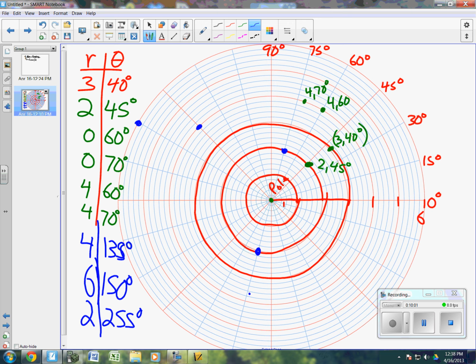What point is that right there? 2 comma 75 degrees, right? Instead of going this way, if I want to go the opposite way, I go negative 2 comma 75 degrees. So this point can also be called negative 2 comma 75 degrees or 2 comma 255 degrees. They're the same thing.